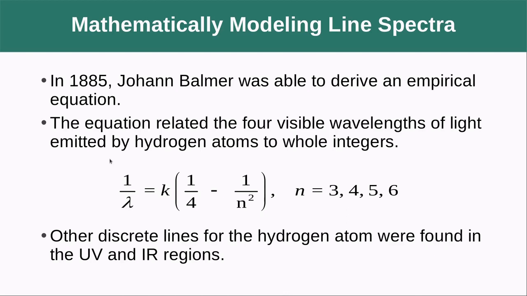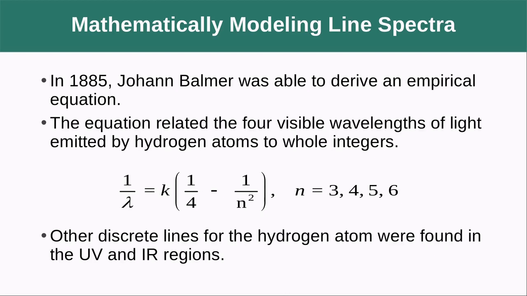In 1885, Johann Balmer was able to derive an empirical equation. Empirical meaning he looked at data and he found an equation that was going to fit that data. He didn't really have any good theory behind why it was true. The equation related the 4 visible wavelengths of light emitted by hydrogen to whole integers.